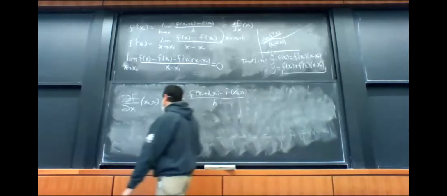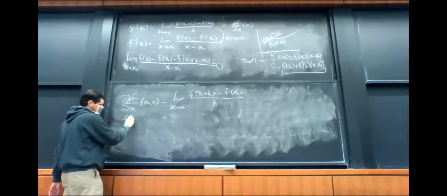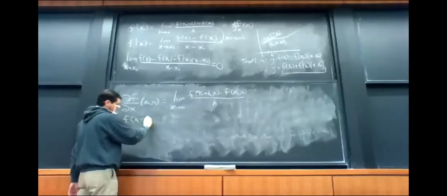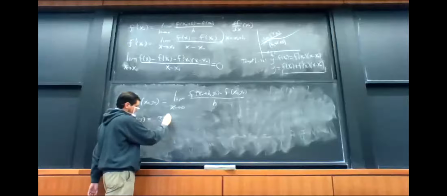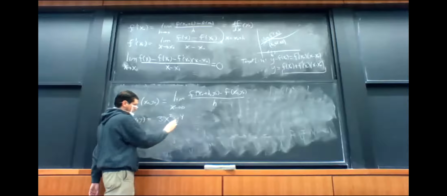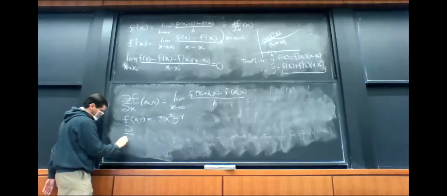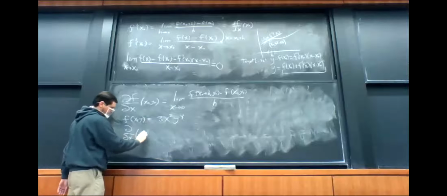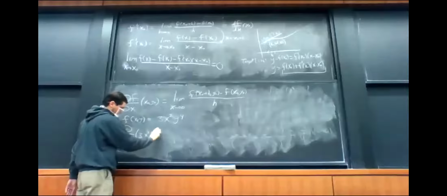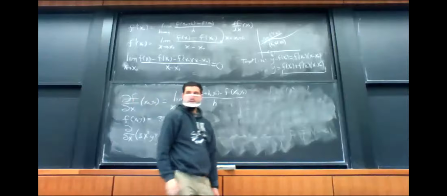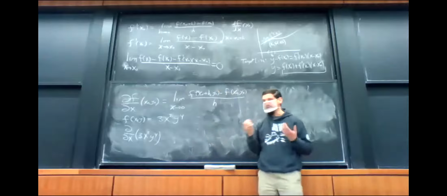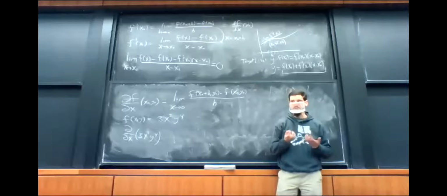So if I give you, let's say, f of x y is 3x squared y to the 4th, and I want to take the derivative of this with respect to x. So what's the derivative of x squared with respect to x?